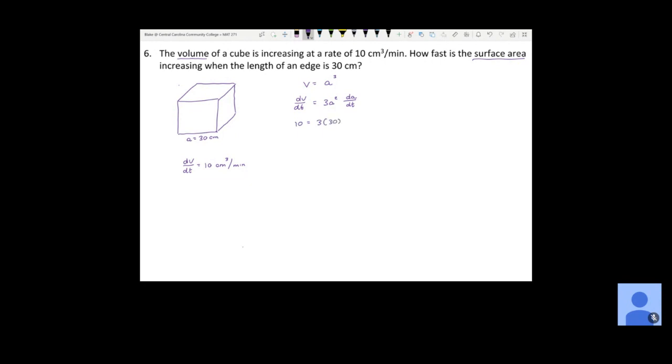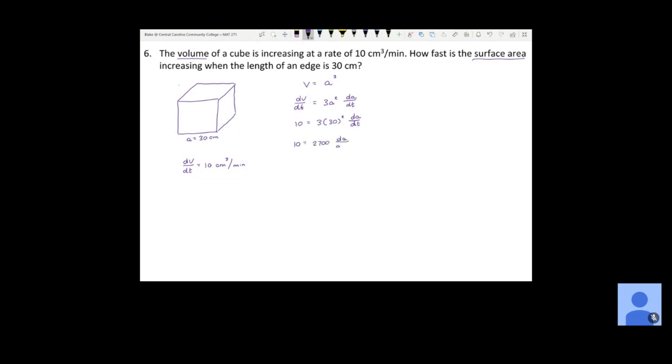That's going to be 30 squared, which means we can actually find dA/dt now. Okay, so if we simplify the right-hand side here, what's 3 times 30 squared? 2,700. Good.